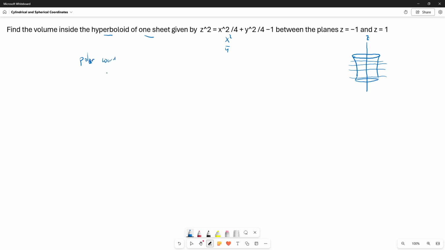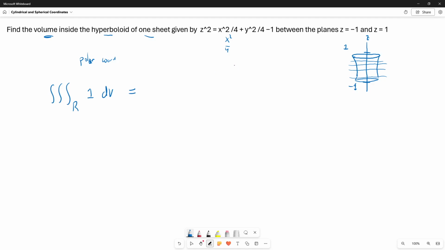And the way to calculate the volume inside of a surface or between surfaces, if the double integral isn't working, you could do a triple integral over the region inside of the hyperboloid in between z equals -1 and z equals +1 of just integrate 1 dv.